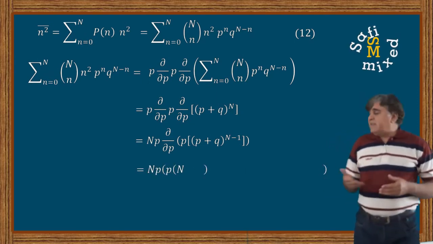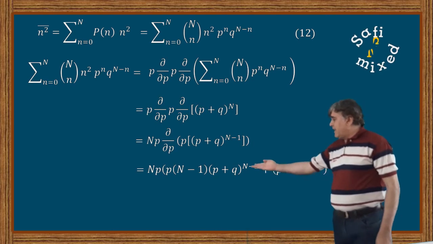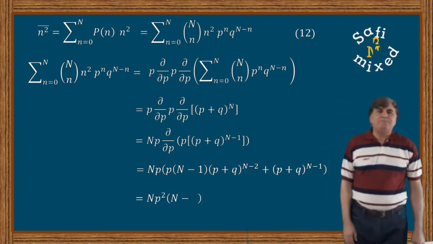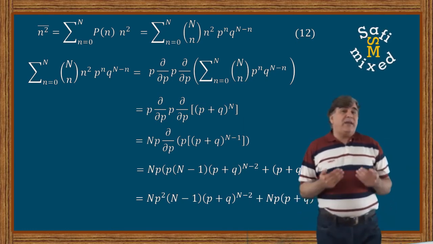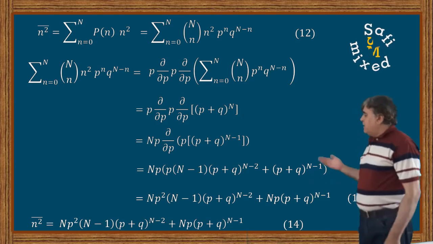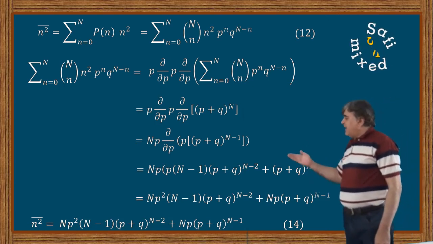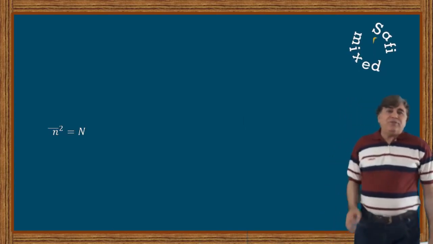And substituting this value back into equation 12, I can write equation 12 again into this lengthy form. Now squaring equation 10, I can write n bar square equals capital N squared p squared.